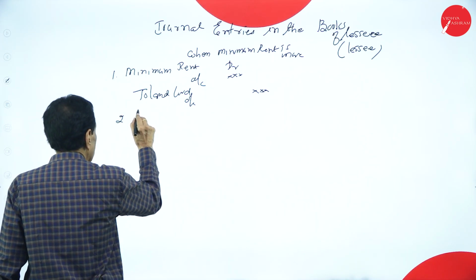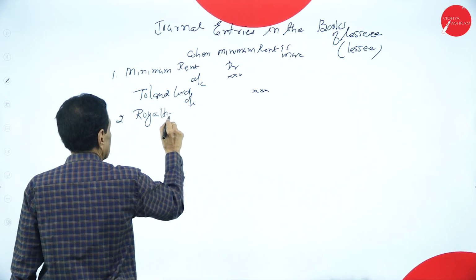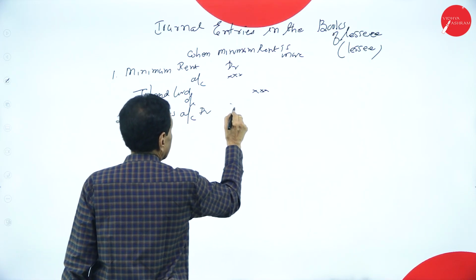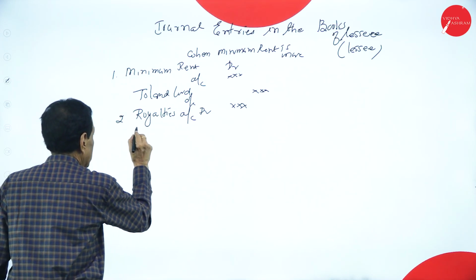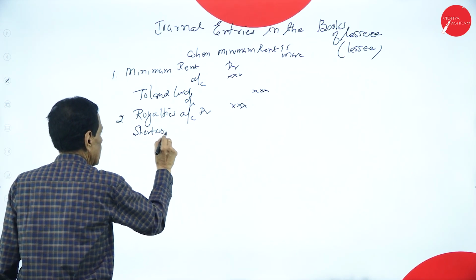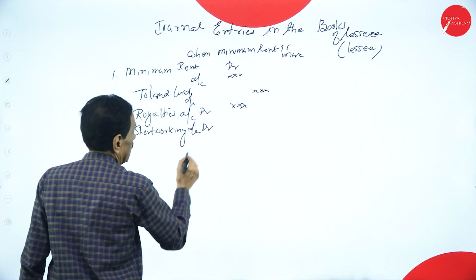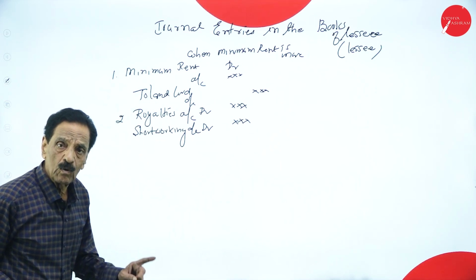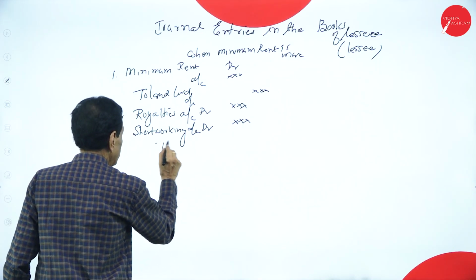Second entry, royalties account debtor, short working account debtor, debit entry, royalties account debtor, short working account debtor to minimum rent.